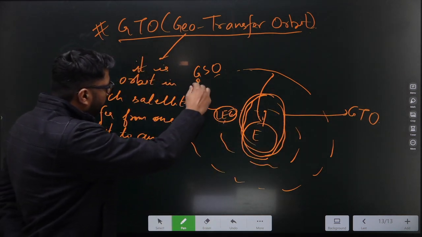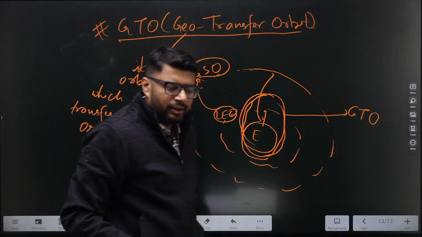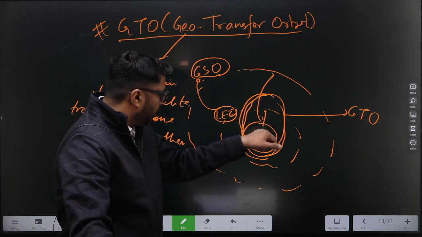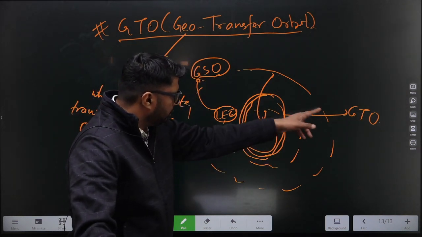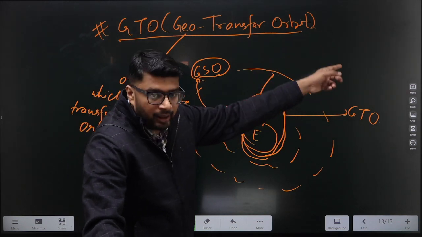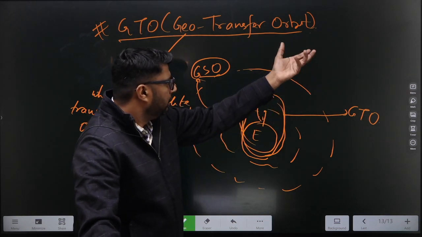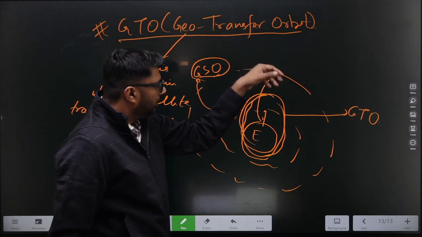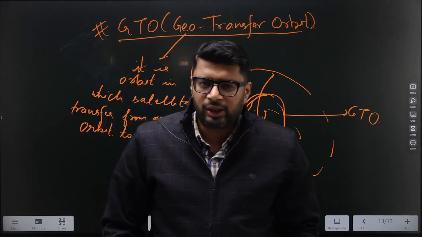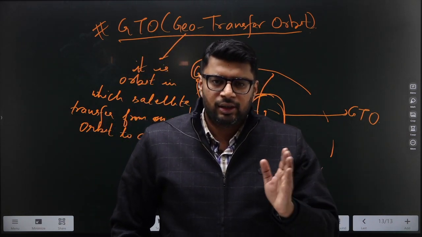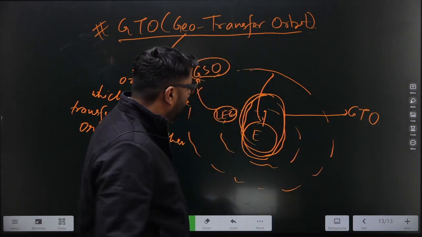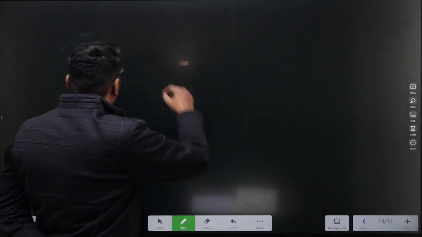So it is very helpful. Our recent Mangalyaan used this orbit, from low Earth orbit to the geosynchronous orbit and from the geosynchronous orbit to Mars, that is Mangal Grah. So the transfer orbit is helpful for that purpose, going from one orbit to another. And the last one is our Lagrangian point.